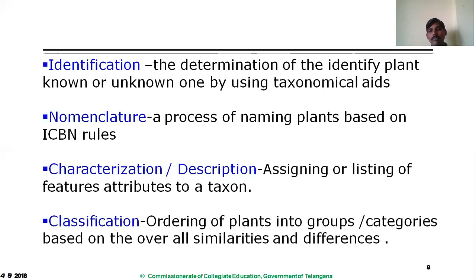Also, you have to list them out. Then, based on the characters, go for the fourth step of taxonomy, that is classification. Classification is nothing but ordering of plants into groups or categories based on overall similarities and differences. So based on the differences and similarities between two groups or two categories or two taxons, you have to put them in a correct order. That is called classification.